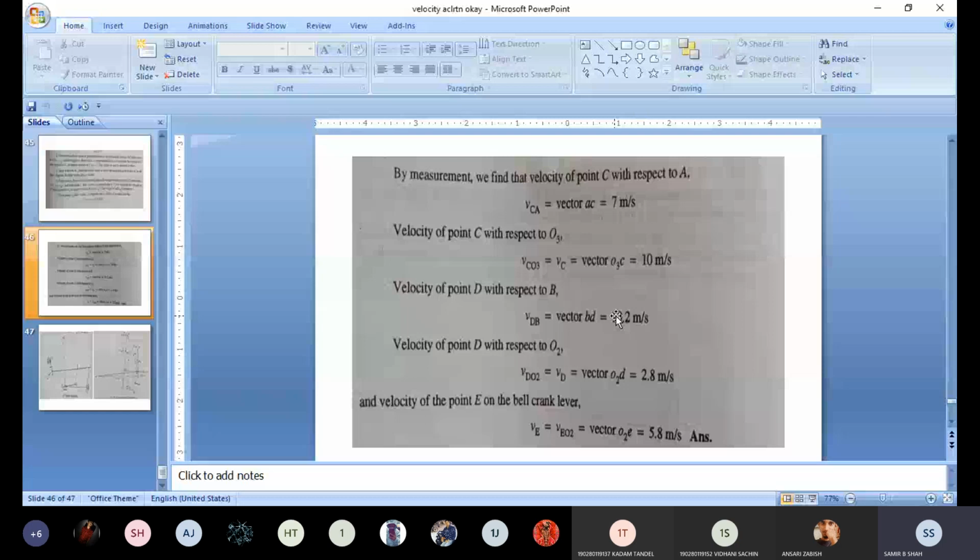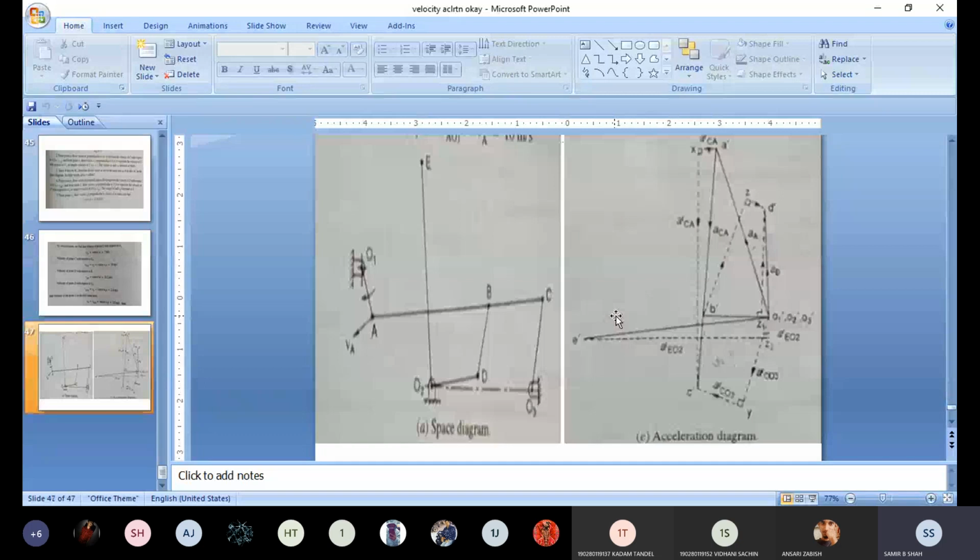So 10.2 square by 0.15, we are getting 693.6 meter per second square, and the scale we are taking right now is 100 meter per second square equal to 1 centimeter. So exact dimension is 6.93 centimeter from point B dash. Okay, so B dash Z parallel to BD is 6.93 centimeter.